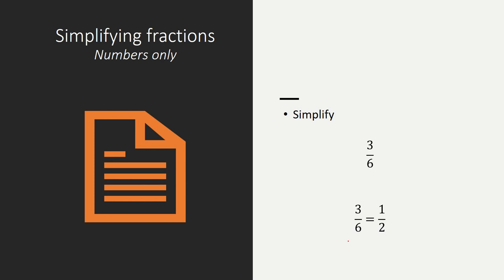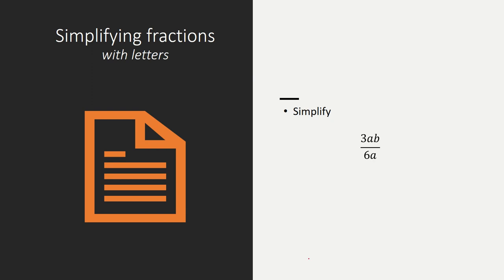And you need to choose this number as big as possible. So 3 divided by 3 equals 1, and 6 divided by 3 equals 2. So that's how I got 1/2.